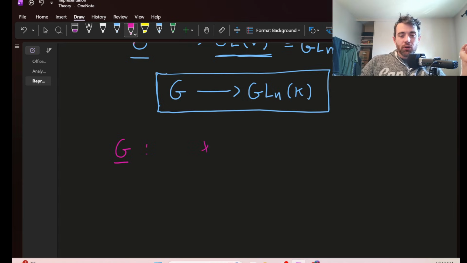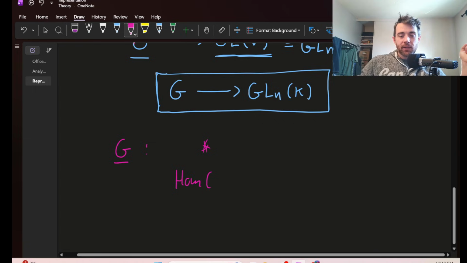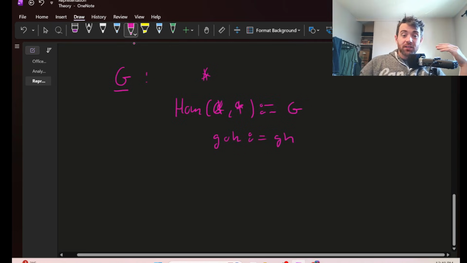So you form a category with one object, just call it star, and you define the Hom set of this one object to be the group G, and you define your composition to be just multiplication in your group G. Then the data of giving a group action is actually equivalent to providing a functor from your one object groupoid into the category of sets.